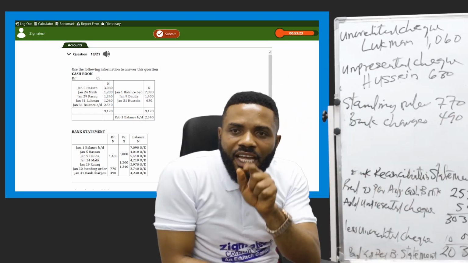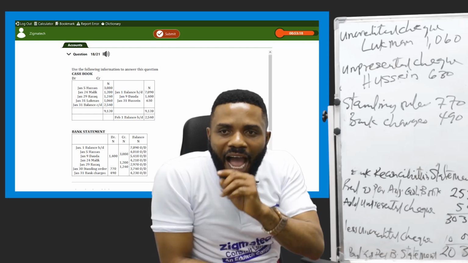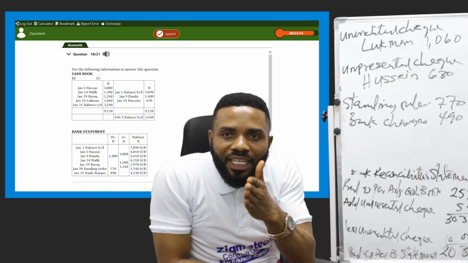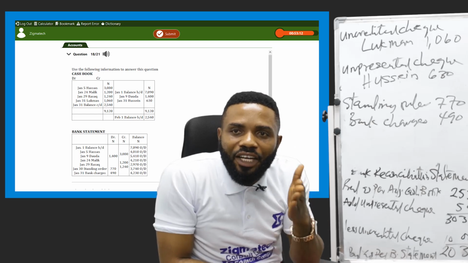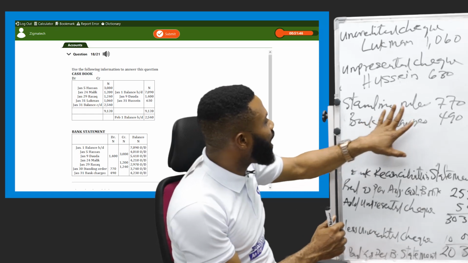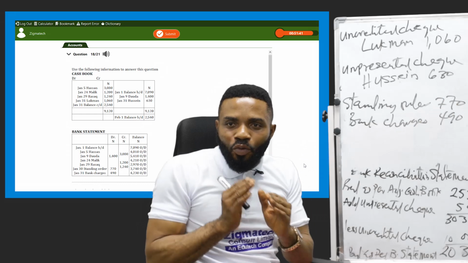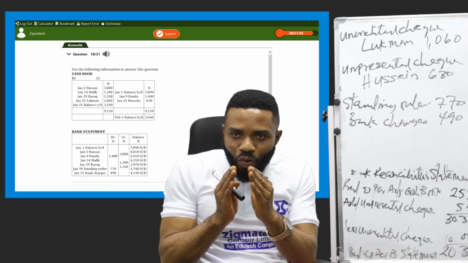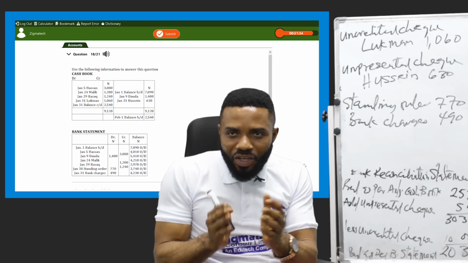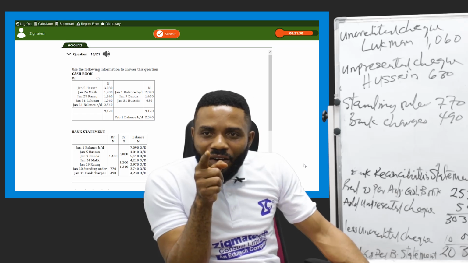Now another thing is, check the credit side of the bank statement. Are there transactions on the credit side of the bank statement that are not on the debit side of the cash book? Let's look at it together. The last we checked was bank charges, so let's now look at the credit side of the bank statement and compare it with the debit side. I'm seeing 308.